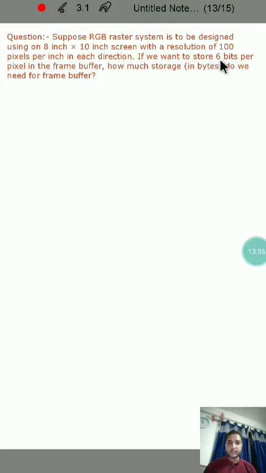If we want to store 6 bits per pixel in the frame buffer, how much storage in bytes do we need for the frame buffer? Okay, so let us solve this question.